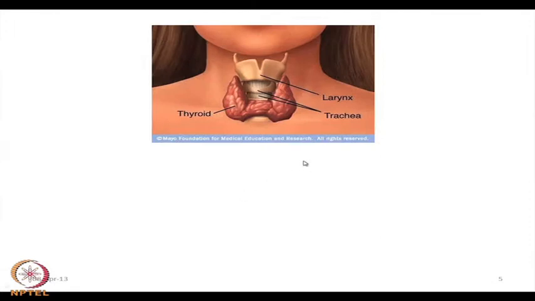this tyrosine molecule. So, this is an example of the thyroid gland, and this is the larynx and trachea we have.